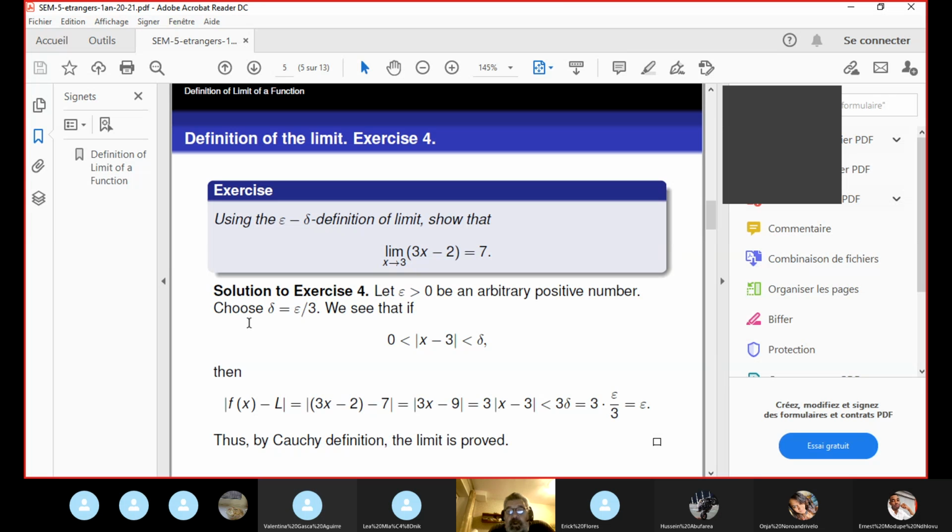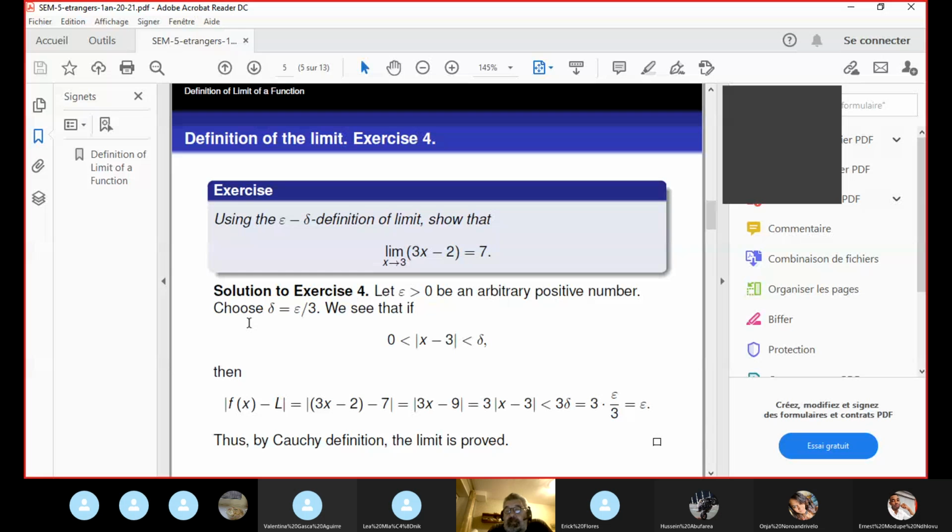Yes, agree. So, in our case, the last line of this exercise, if I take delta like epsilon over 3, then the absolute value of the difference between my function and its limit, capital L, will be less than epsilon. Then, you see, we have an infinite number of epsilon. So we say that epsilon is an arbitrary positive number.